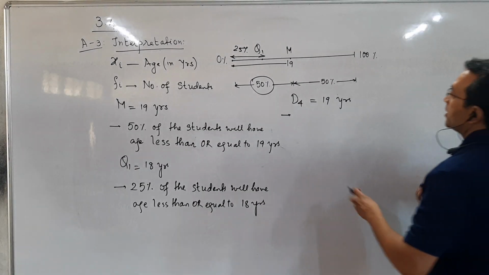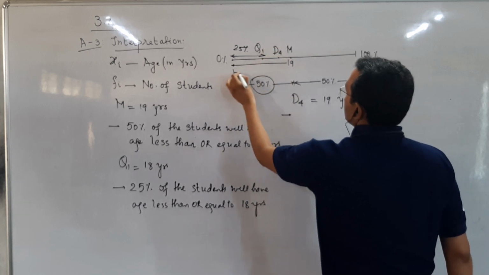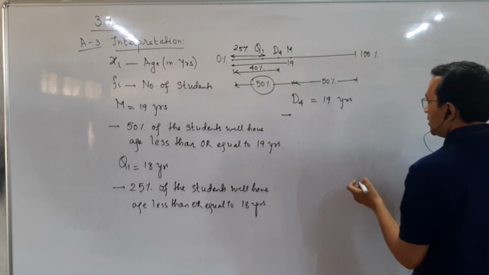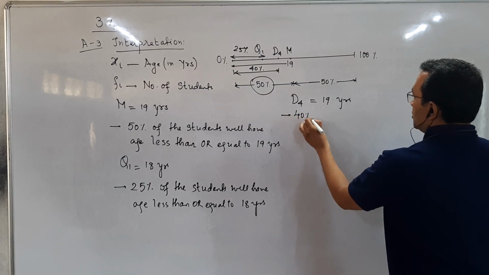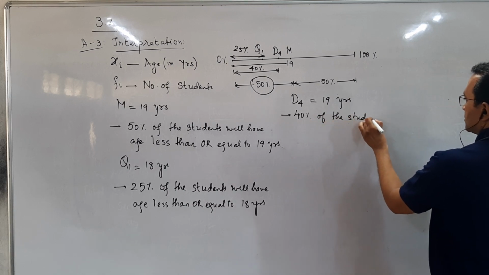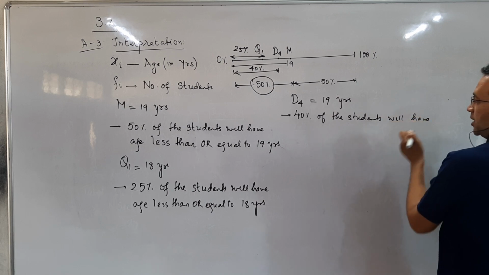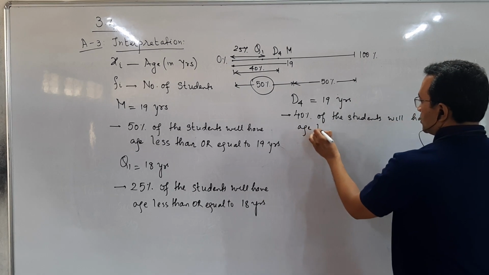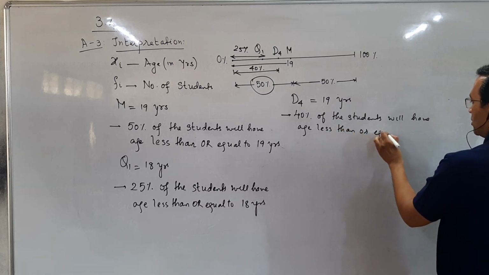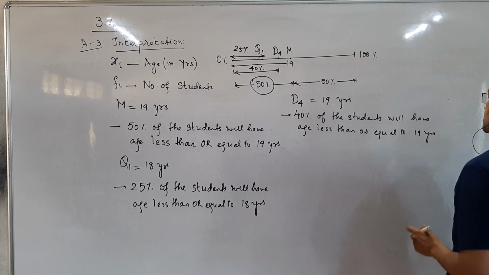So somewhere here this will be D4, and from 0 to D4 it will be 40%. So what we will write? 40% of the students will have age less than or equal to 19 years, which is D4.